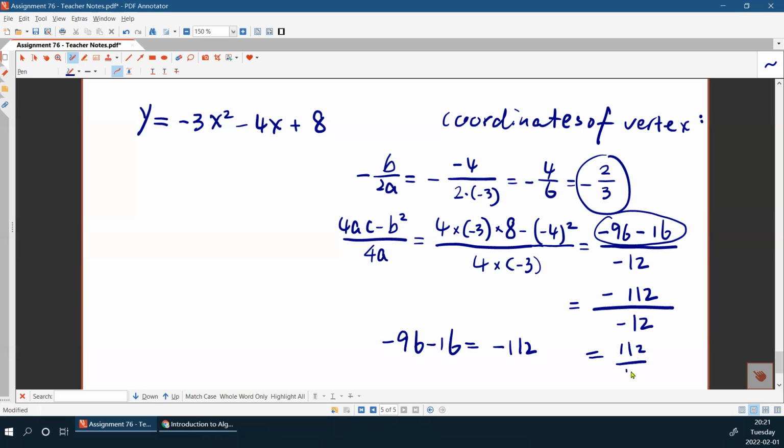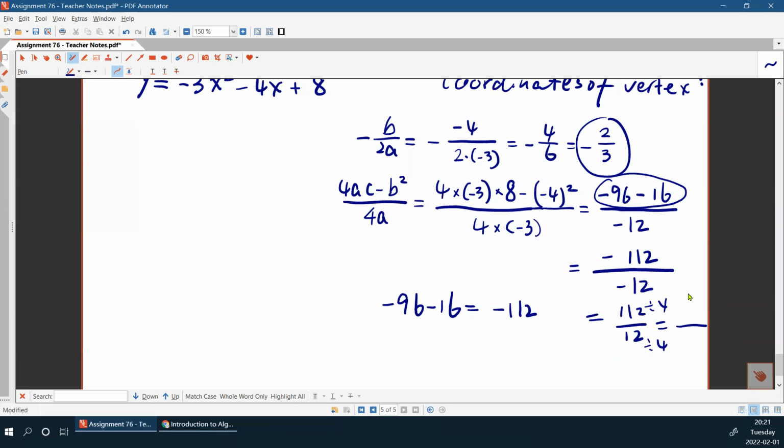Okay, so 112 over 12 is 28 over 3. Okay, so the vertex is negative 2 over 3 and 28 over 3, right?